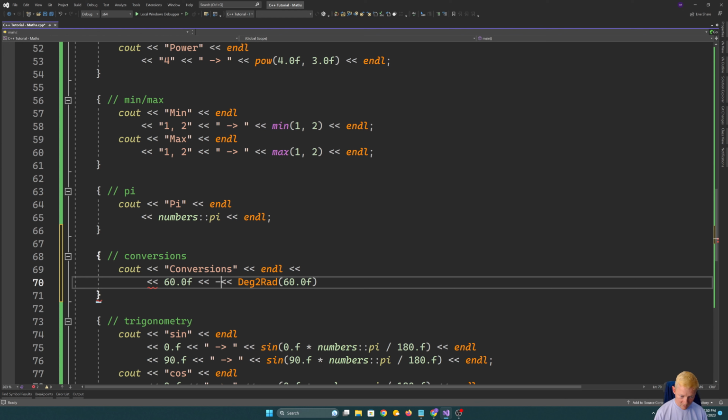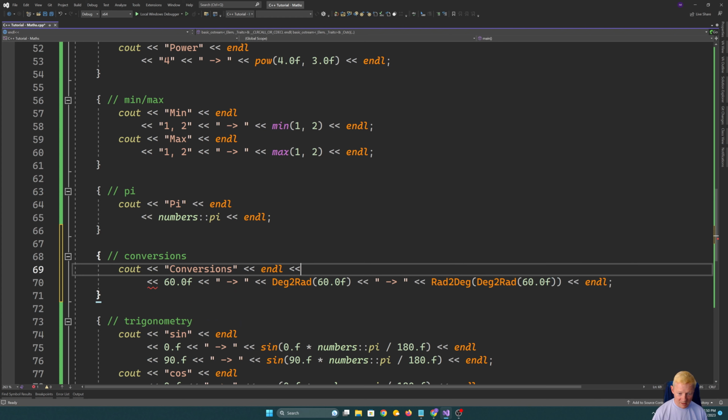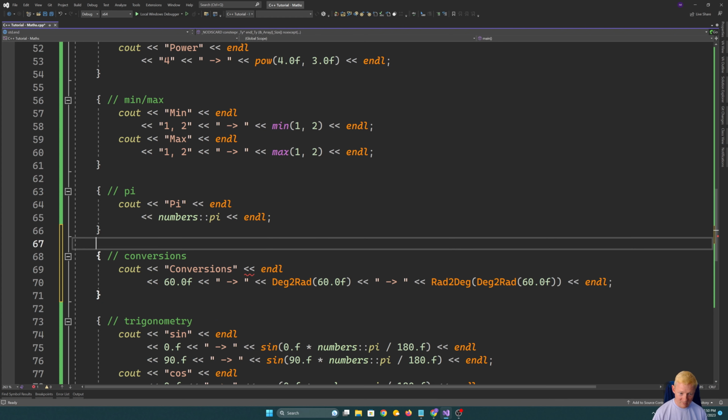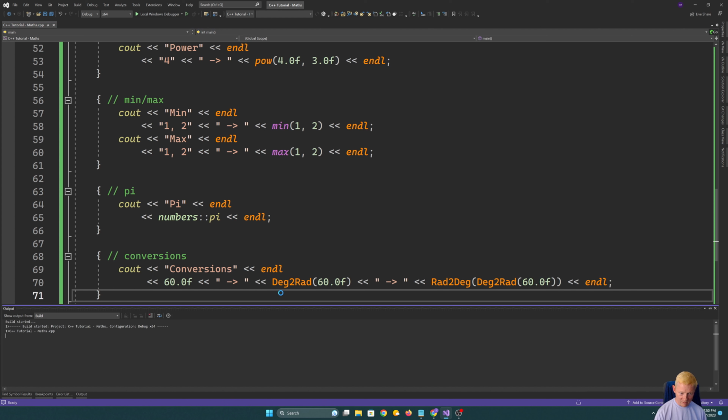And we want to put in our extra spacing. Do the same thing then here. Again, like that. And then the final thing we'll do is a rad to deg of the degrees to radians. So we might as well run it through both ways. So, okay, we can test that out.